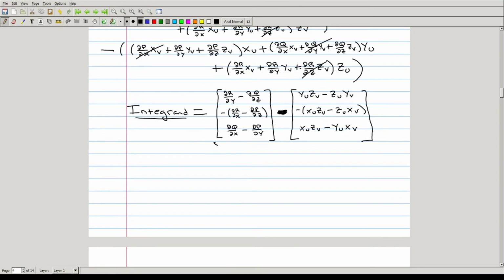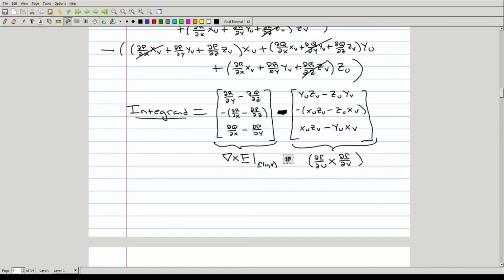And what you'll hopefully recognize this as is the curl of our vector field F evaluated on our surface, R of uv, because all of these are evaluated at R of uv, dot product with this vector right here, which is exactly partial r partial u on our parameterized surface, cross partial r partial v.